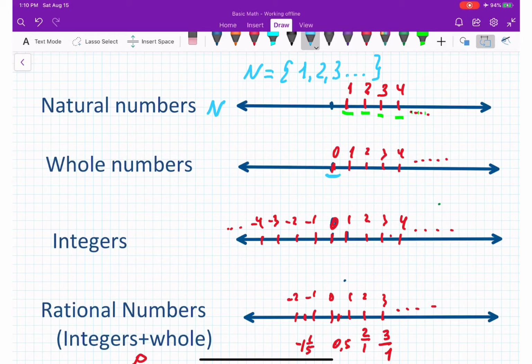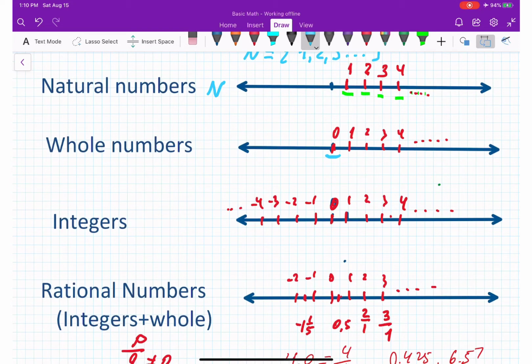Next important numbers are integers. Integers are numbers that include all whole numbers and negative numbers, which means integers have notation of Z, and they can be represented as a set of dot, dot, dot, -3, -2, -1, 0, 1, 2, 3, dot, dot, dot.